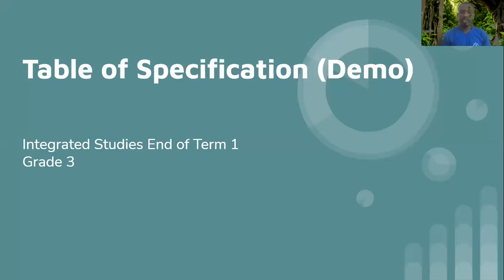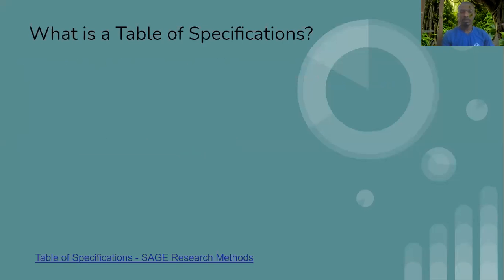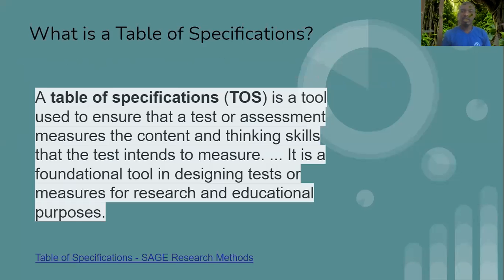See, I have created a slide to guide you through table of specifications. What's a table of specification? A table of specification, referred to as TOS, is a tool used to ensure that the test or assessment measures the content and thinking skills that the test intends to measure.